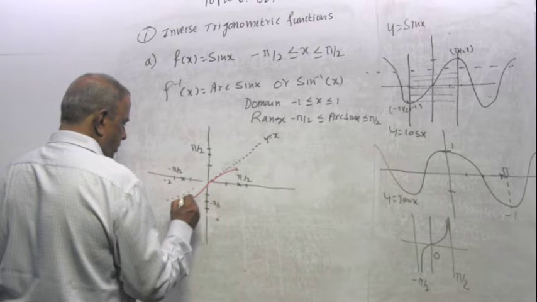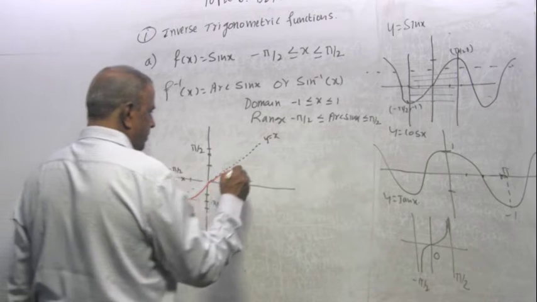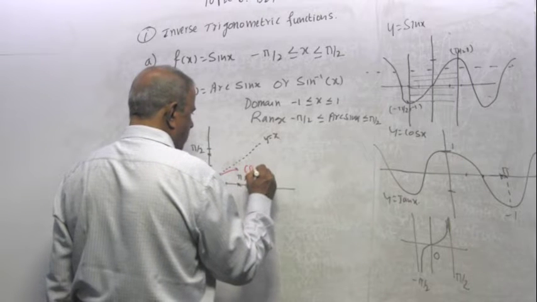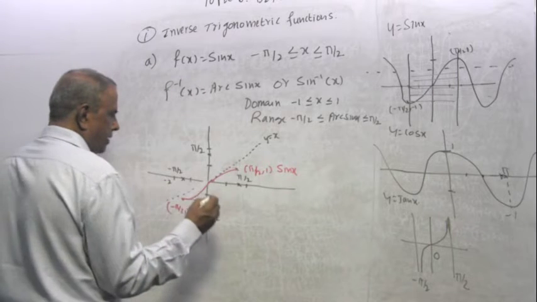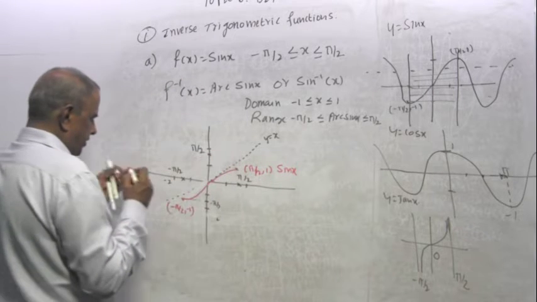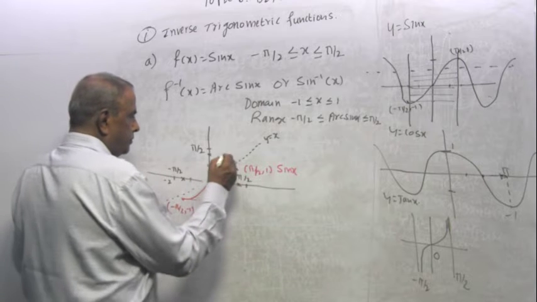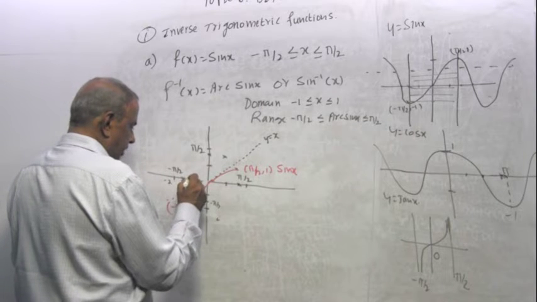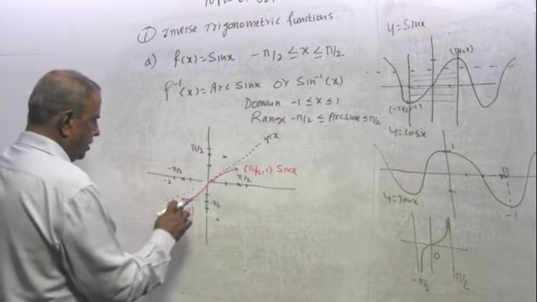This point being minus pi over 2, minus 1, that point being pi over 2, 1, that is sin x. This point is 1 and pi over 2. This point is minus 1 and minus pi over 2. Sorry.